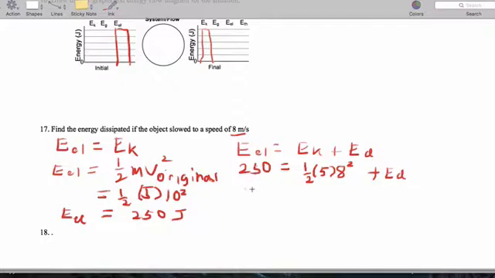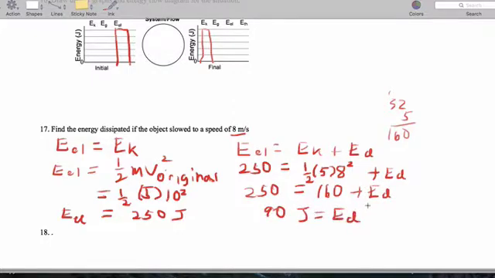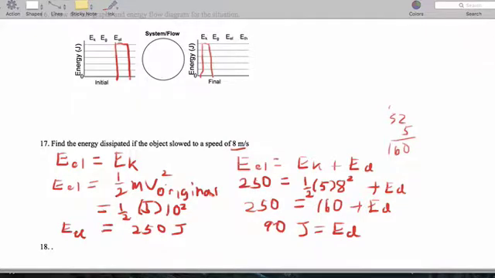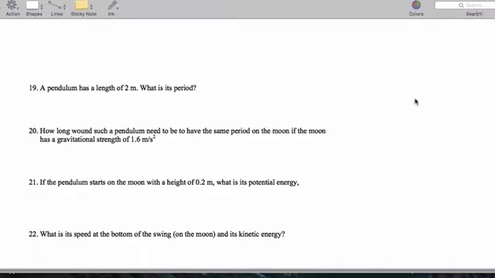So we end up getting 250 equals 32 times 5, which is 160, plus E dissipated. And it turns out I'm losing 90 joules of energy when I finish this. So that is page 5. And I think we're going to continue on page 6 as well.